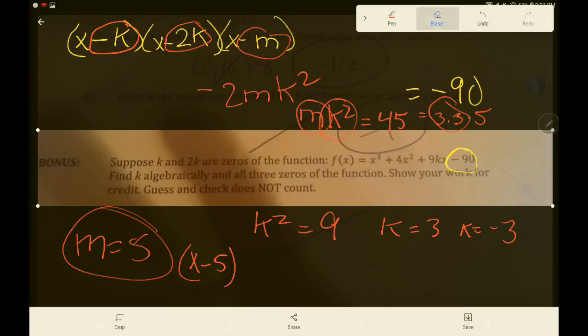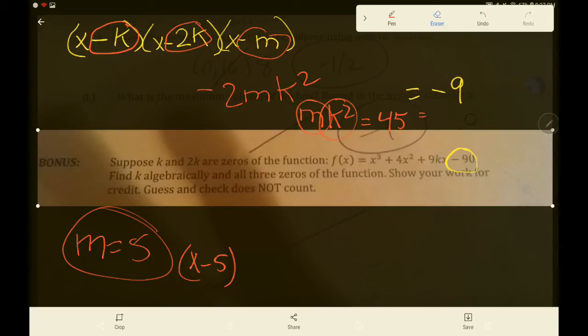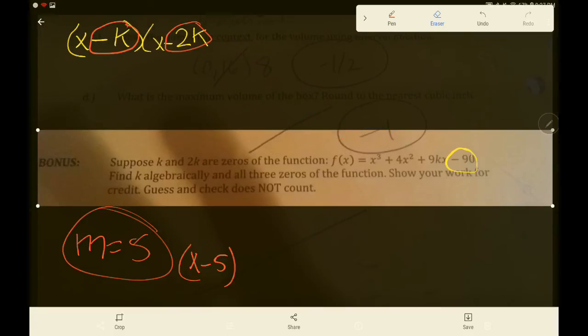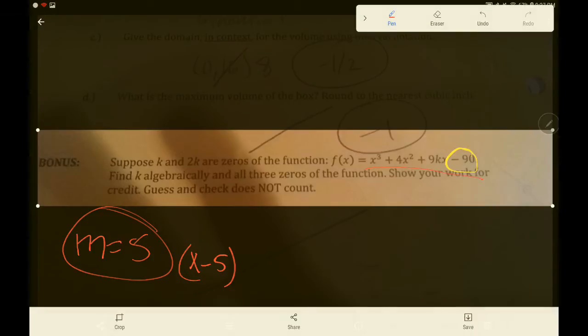But what we're going to do is synthetic division around the root m equals 5 to find out what the remaining quadratic is if we divide this polynomial by x minus 5.